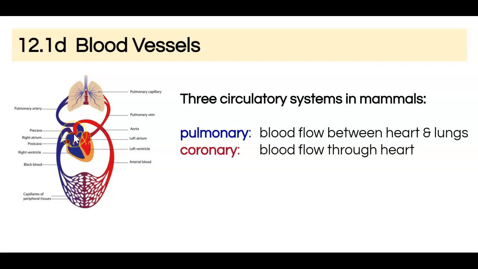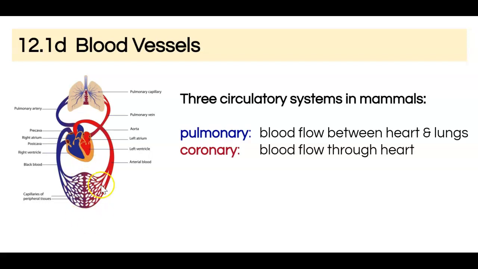We have the superior and inferior vena cava, we have the aorta. Those are very large blood vessels, but as blood moves from the heart to other parts of the body, the blood vessels become increasingly smaller, and that just creates a really large surface area for diffusion to occur across membranes.